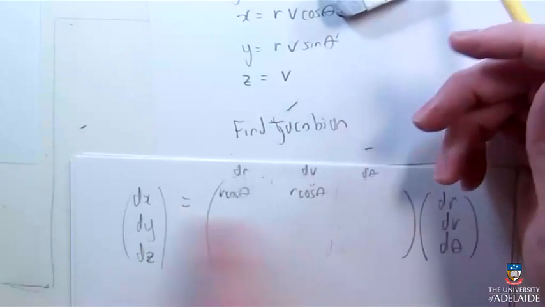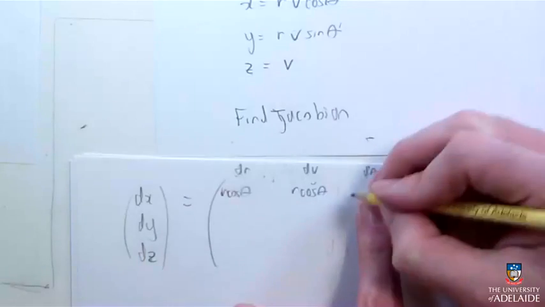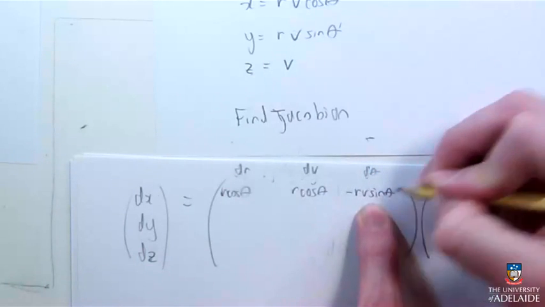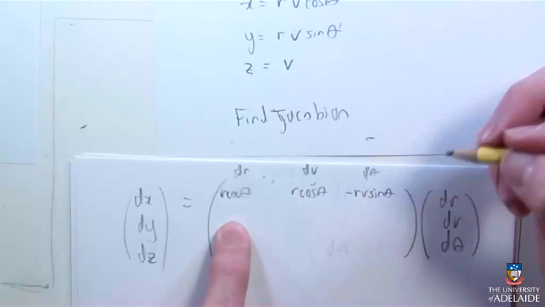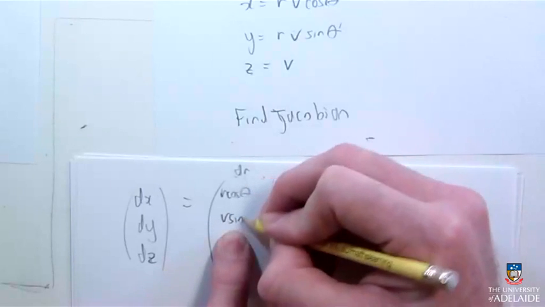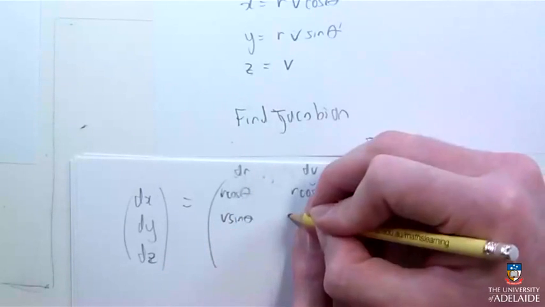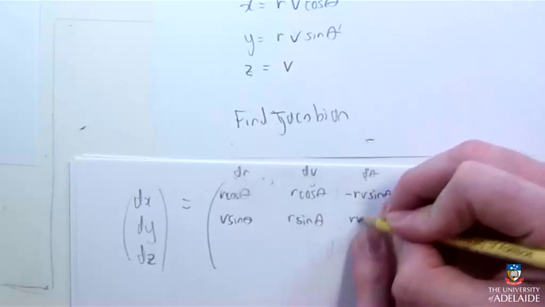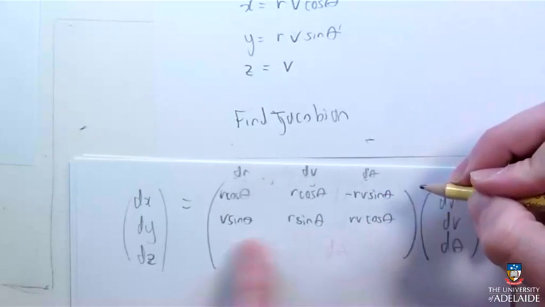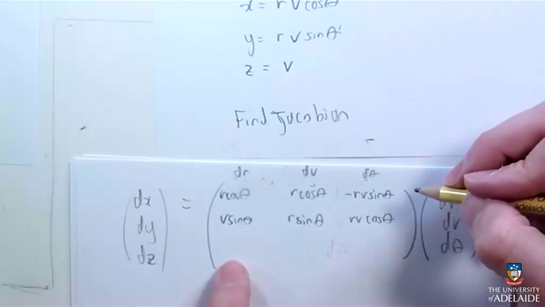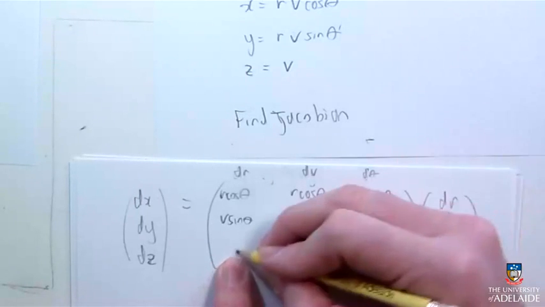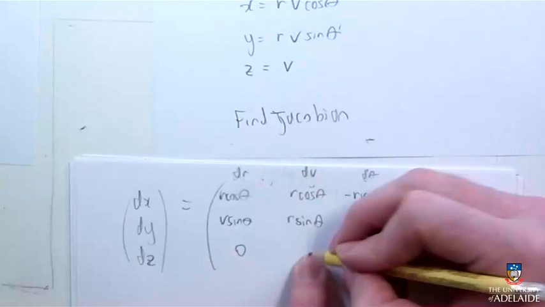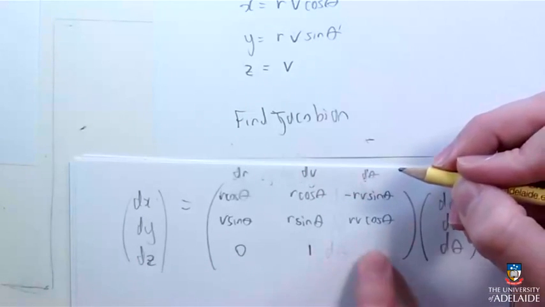Okay, dx on d theta is minus rv sine theta. dy on dr is v sine theta. dy on dv is r sine theta. dy on d theta is rv cos theta. Oh, damn it. dz on dr is 0, dz on dv is 1, and dz on d theta is 0.